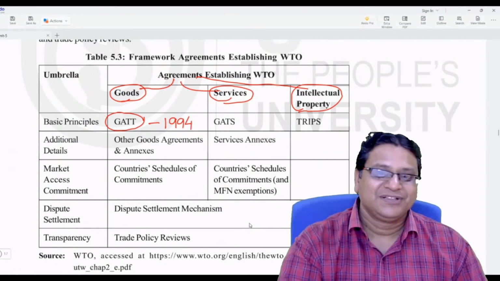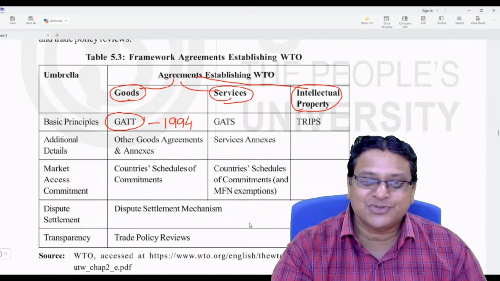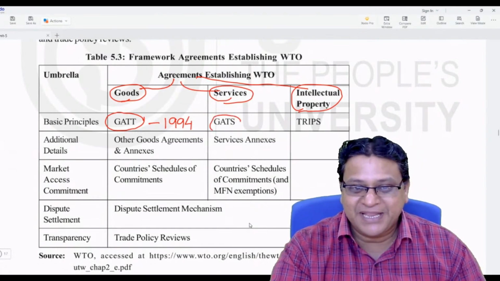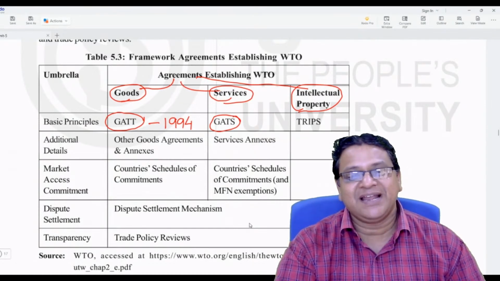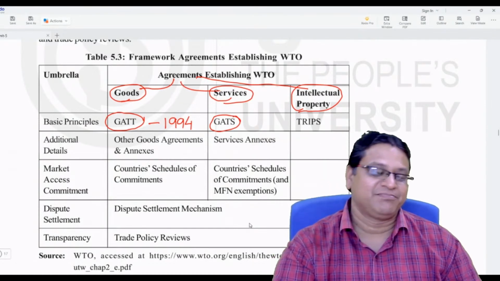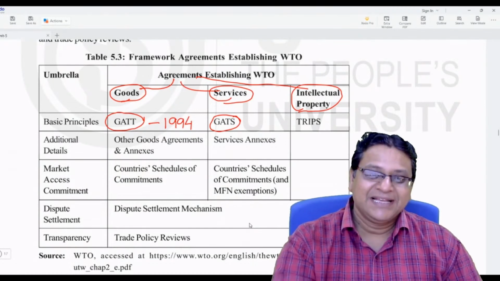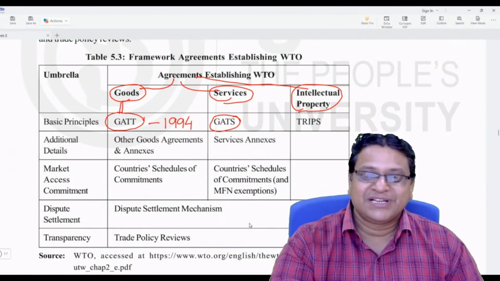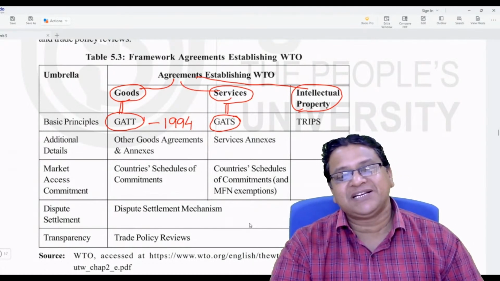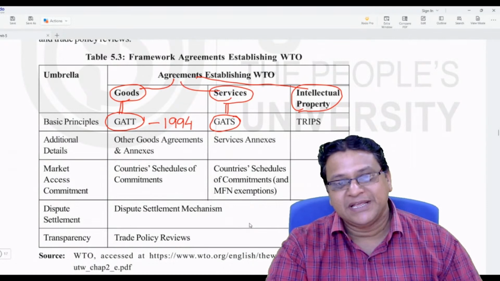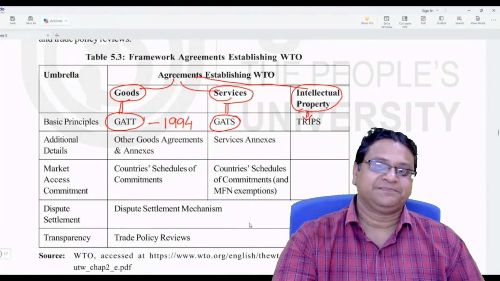to 1994. The rules and regulations related to services are represented by an agreement. That agreement is known as the GATS agreement, General Agreement on Trade in Services. So the GATT agreement is related to goods, the GATS agreement is related to services, and the agreement related to intellectual property is known as the TRIPS agreement.